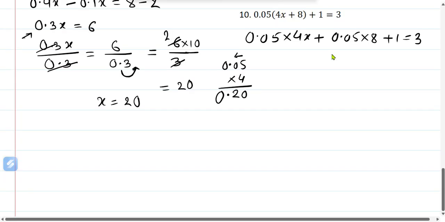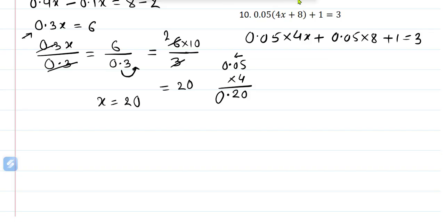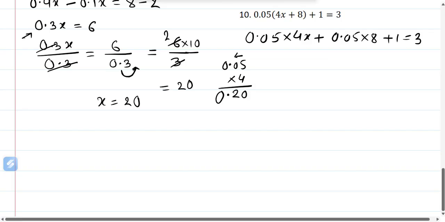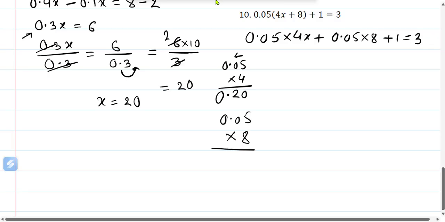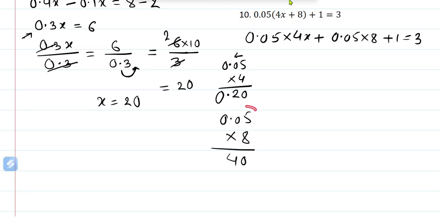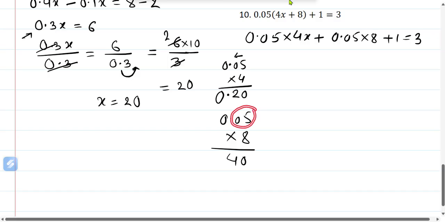Next multiplication is for 8 and 0.05. Same here, if you multiply 0.05 by 8, it is just 40, because we have a decimal which is in front of these two numbers. That means we should have the decimal in front of two numbers. This is 0.40.